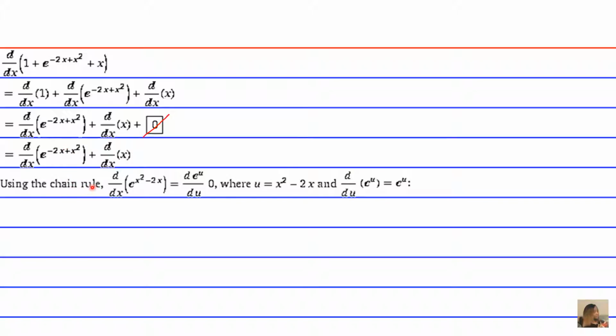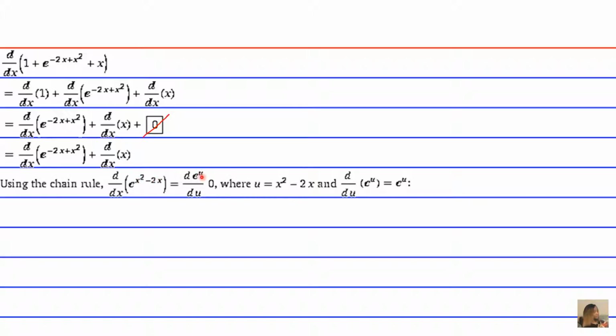And now what about this term? It's like a function within a function. So what we're going to do is use the chain rule, and something that I like to call substitution, although it's not necessarily. So you have the derivative with respect to x of e raised to the x squared minus 2x power, okay?